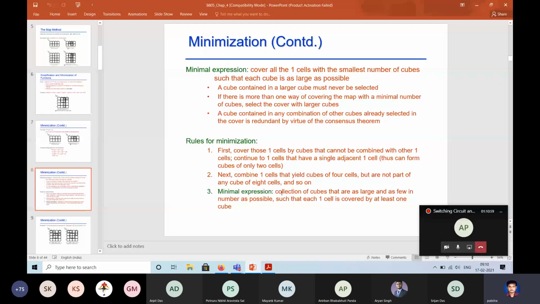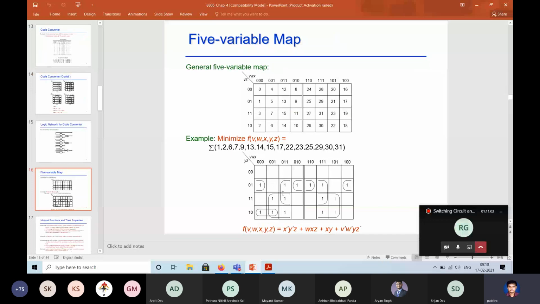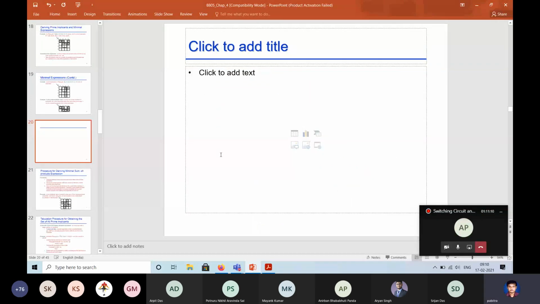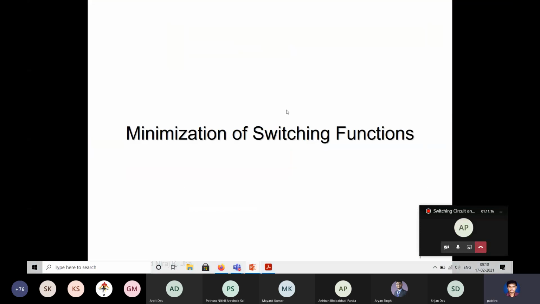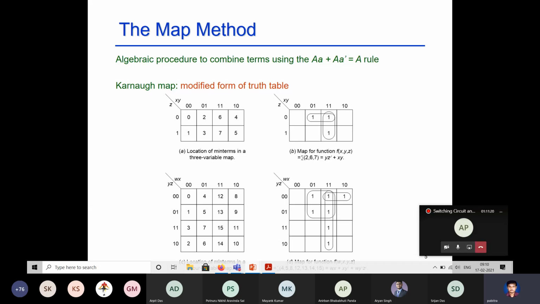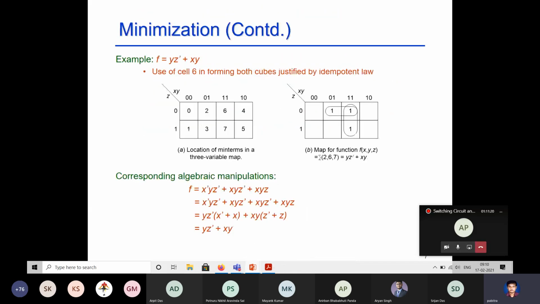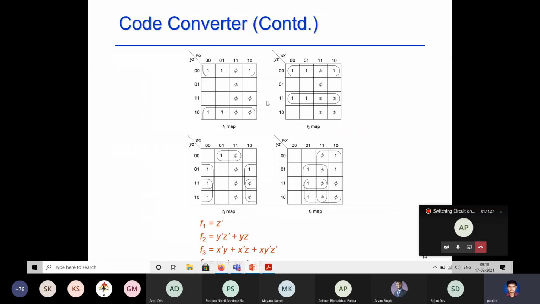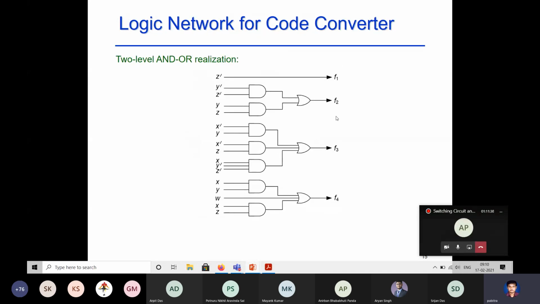Sometimes these don't cares are represented by the phi symbol. Phi denotes a don't care in the Carnot map. So you can take some examples and do this Carnot map minimization for 3 inputs, 4 inputs, or 5 inputs.